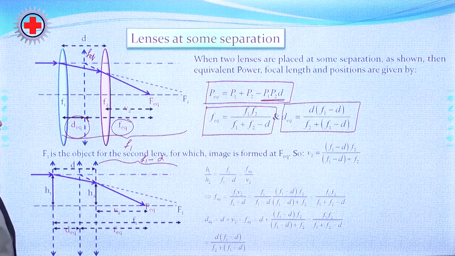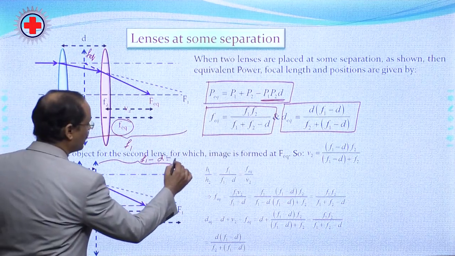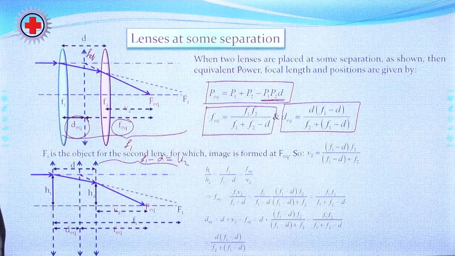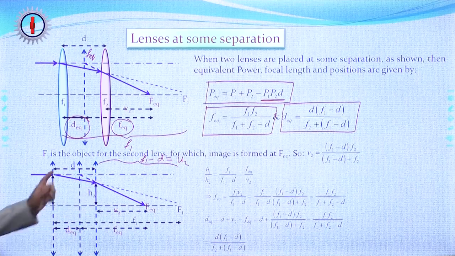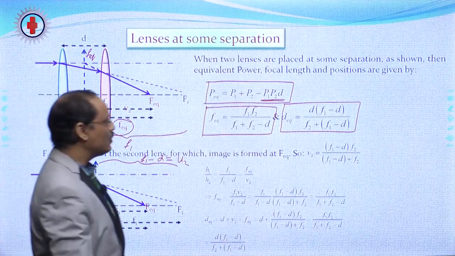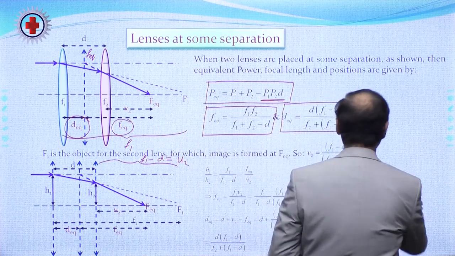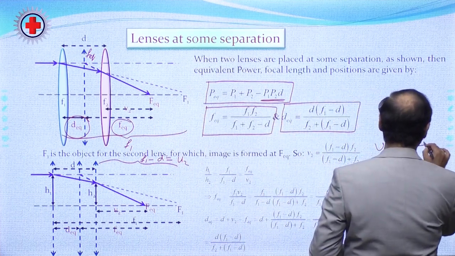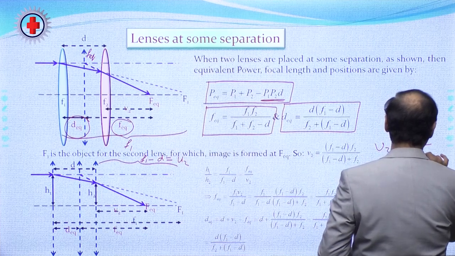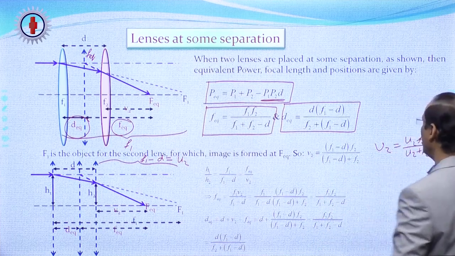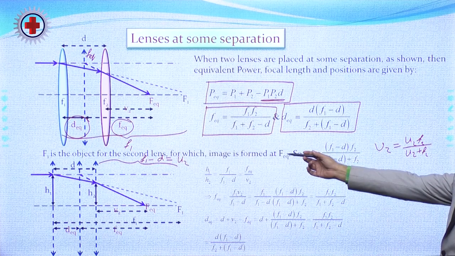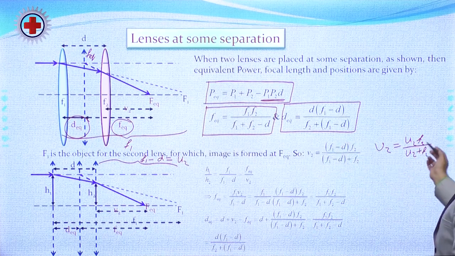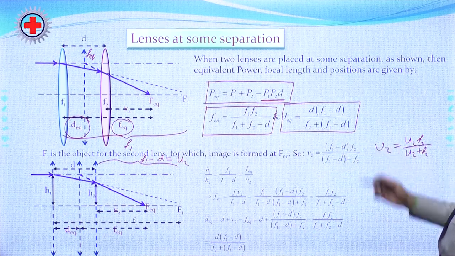This is the object for the second lens, that is, you can write this as u2. So, from here you get v2. For a lens you know v is equal to uf by u plus f, and u we have already got as f1 minus d. So, if we put u2 here we get v2.